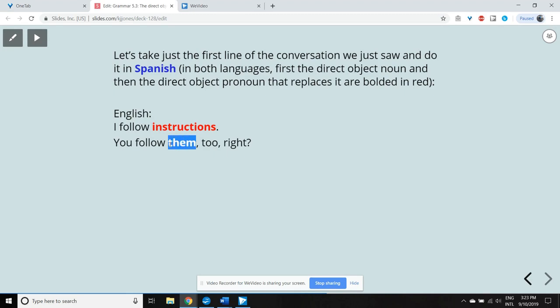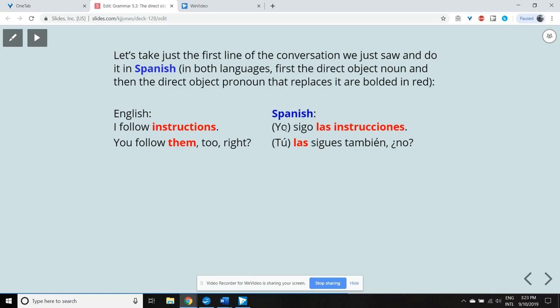And them is our direct object pronoun. It takes the place of instructions. So let's see this in Spanish. In Spanish, our sentence is, yo sigo las instrucciones. The next sentence was, tú las sigues también, ¿no? Right? And this is literally the same thing.